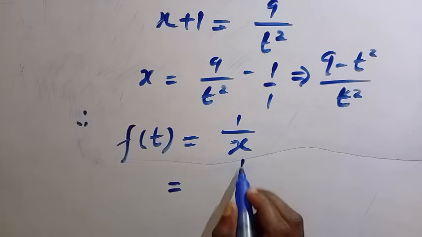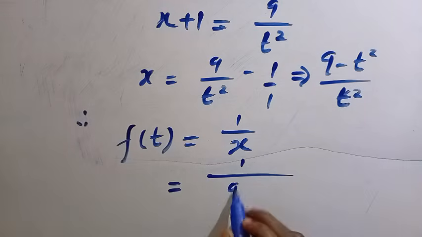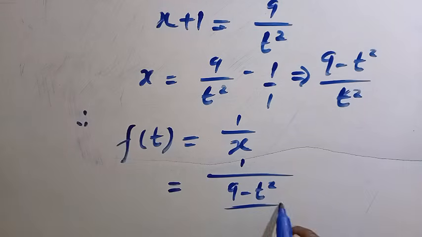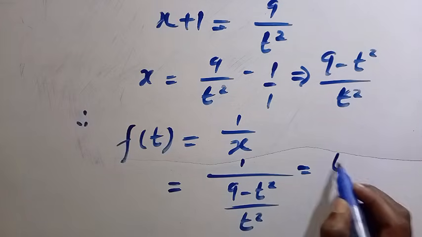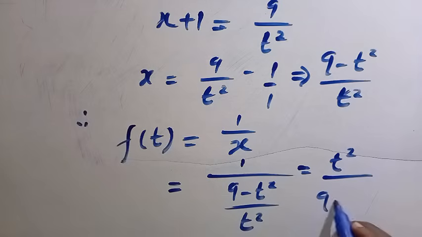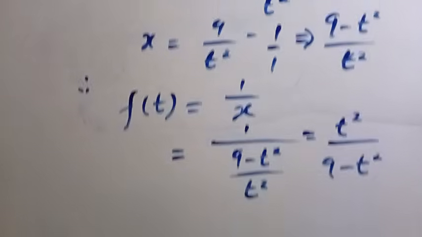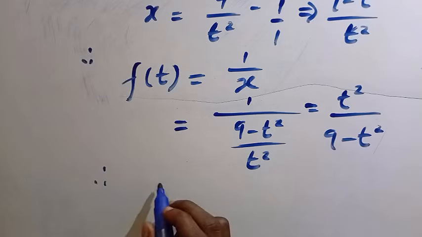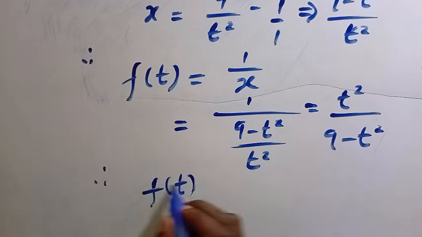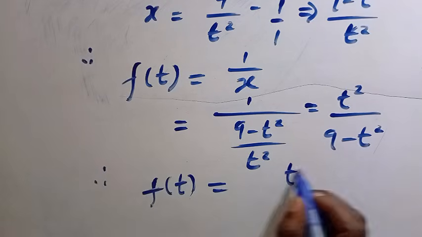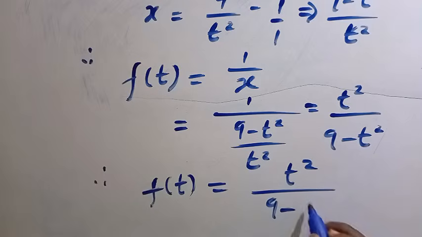So we have 1 divided by the whole of this, 9 minus t squared over t squared. We have to do the flipping here. We take this t up and we have t squared over 9 minus t squared. That is for the value of t. Therefore, for every f of t, we have t squared divided by 9 minus t squared.